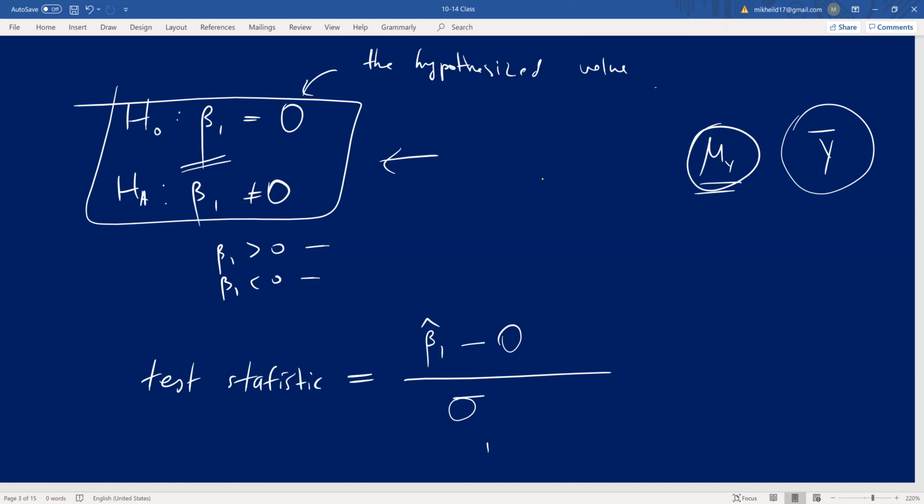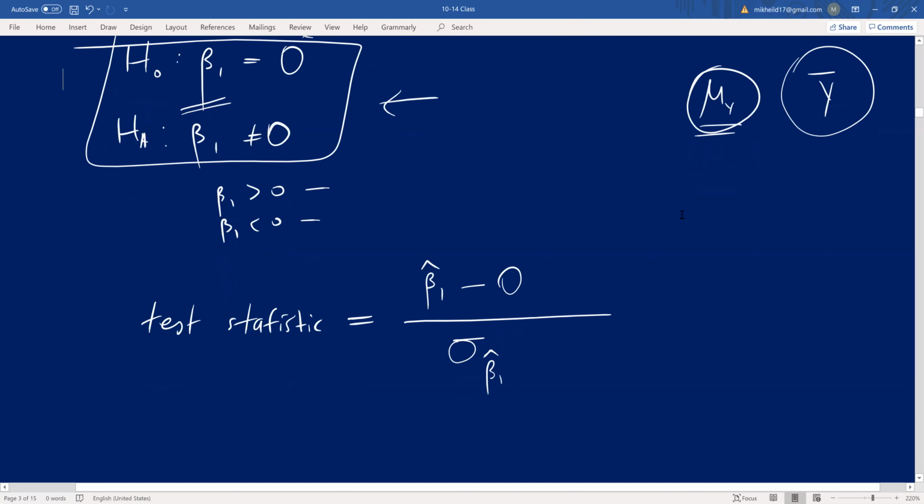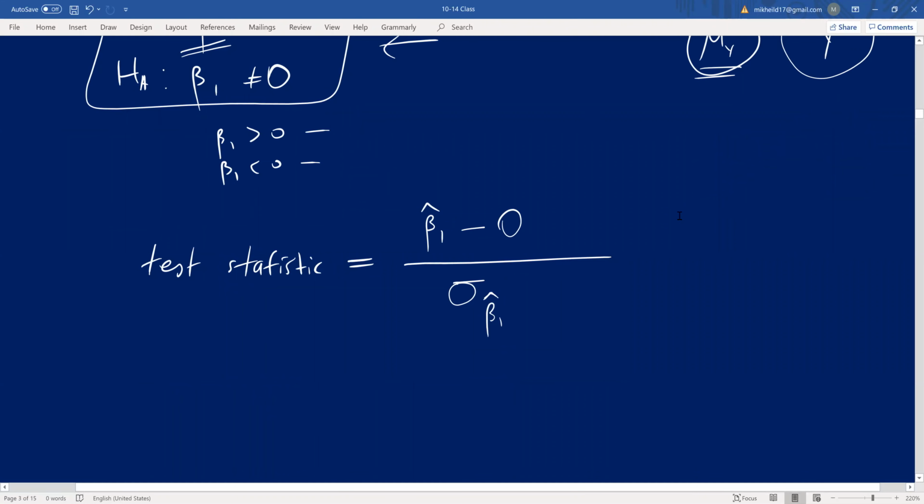Sigma of beta 1 hat. That will be our test statistic. The question is, do we know it? The answer is no. So then what do we do?